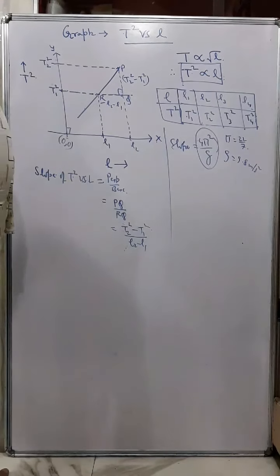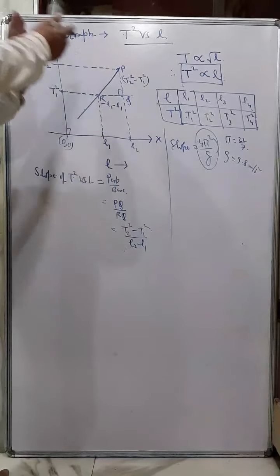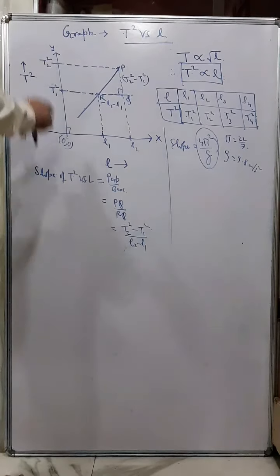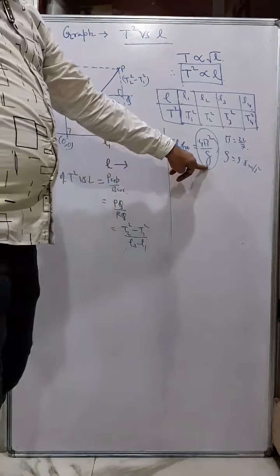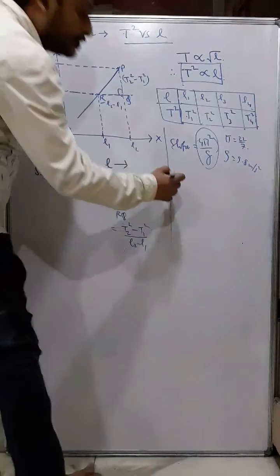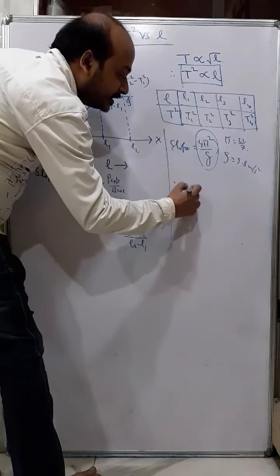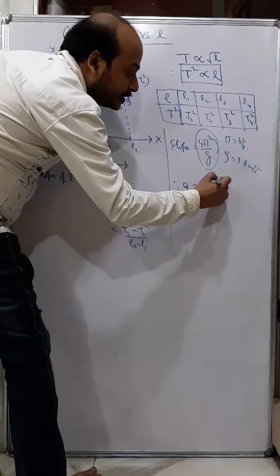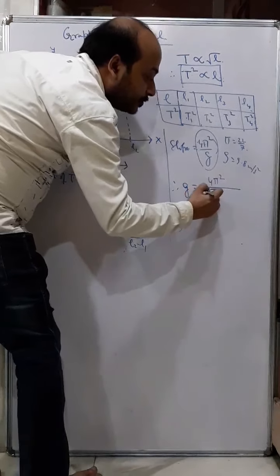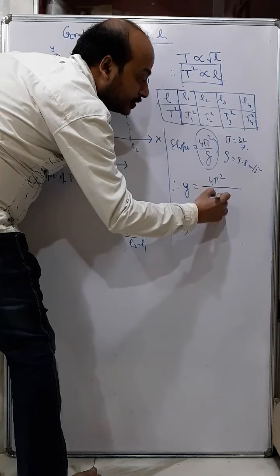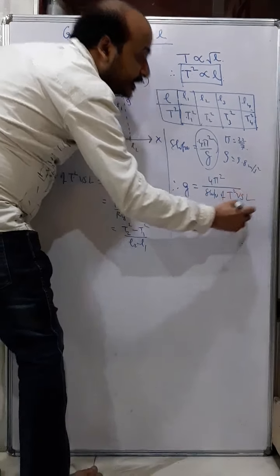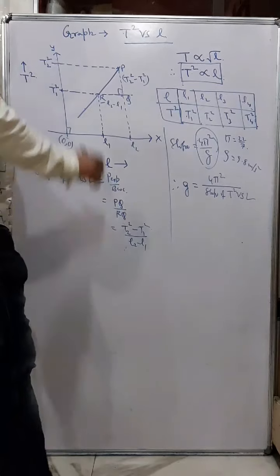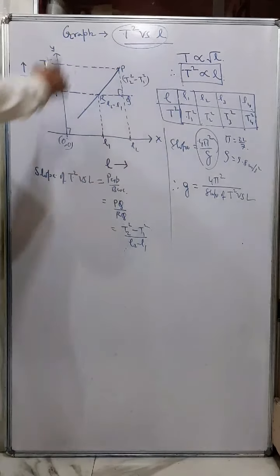So finally, the advantage of this graph is that from this graph we can calculate the value of g at this place, because from here g is equal to 4 pi square by slope of T square versus L graph. So this is the significance of T square versus L graph.